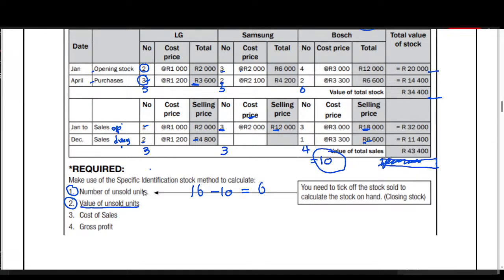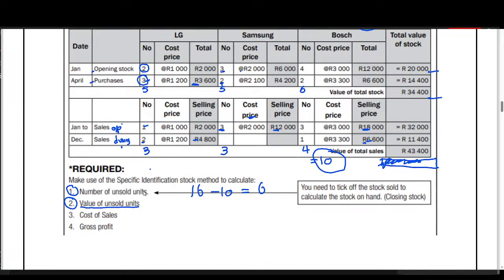Remember, on the table we have the cost price, we have the selling price. So which price are we going to use to get the value of those units? Do we use the selling price? Do we use the cost price? Let's differentiate between the cost price and the selling price.